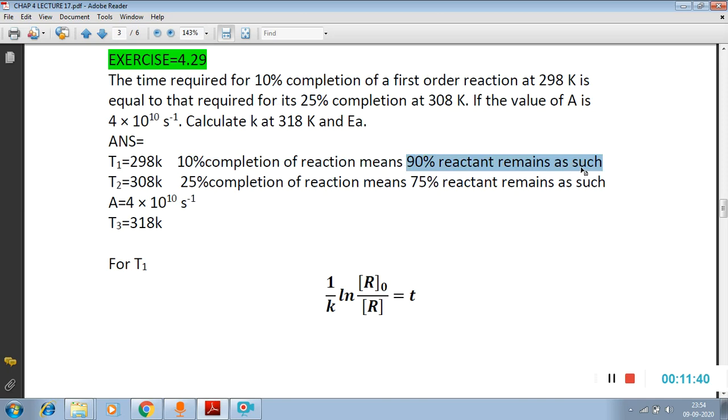The second temperature given to you is 308 Kelvin. At that temperature 25% completion is given, so that's why 25% completion of the reaction means 75% of the reactant remains as such. The A value is given as 4 into 10 raised to 10 second inverse. The third temperature is given as 318 Kelvin, and at that temperature we are going to find out the K value and the activation energy EA value.